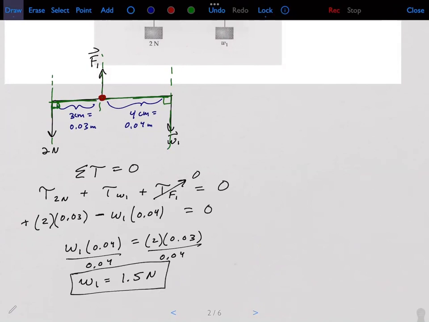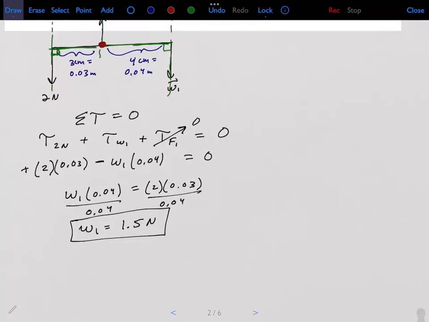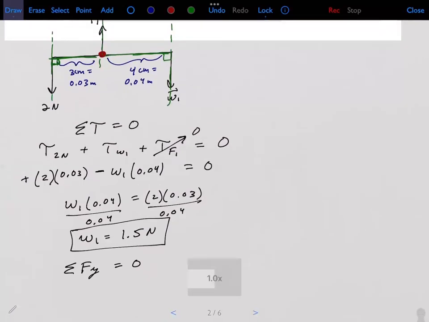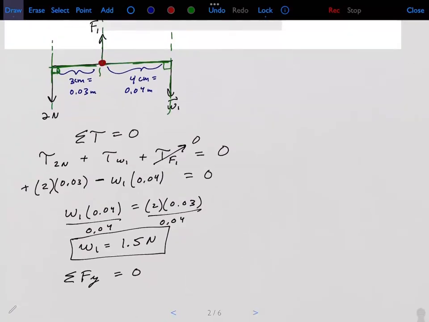Now that I have W1, I can find F1. If I use the fact that the sum of the forces in the y direction is equal to 0, I want the y components, and in this case they're all acting in the y direction. We can just look at this. See how F1 is positive? The 2 newtons is negative, so -2, and then minus W1, that's also negative. That's got to equal 0.